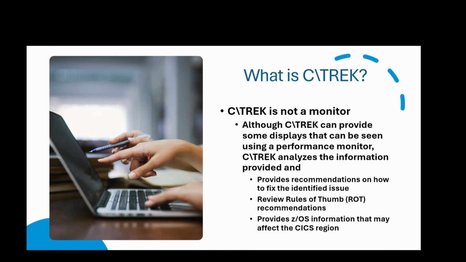One of the things that a lot of people find with C-Trek is that they learn how CICS works, since you will be able to see all the different domains and their queues and their controls and so on. You will be able to understand the architecture of CICS using C-Trek.